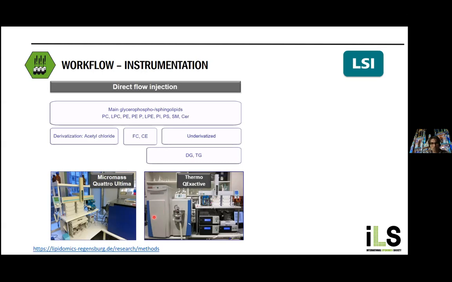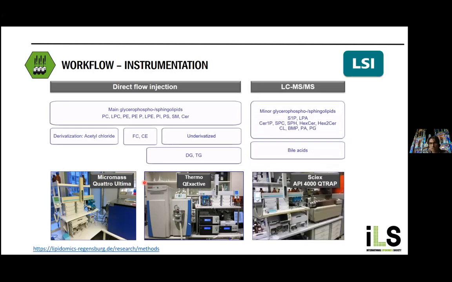It's a Q Exactive, and there you can also get free cholesterol without derivatization. It's very low abundant, but it works, and we can cover most of these lipid classes with a high resolution machine. And we also have LC methods, especially for the minor glycerophospholipids and sphingolipids.